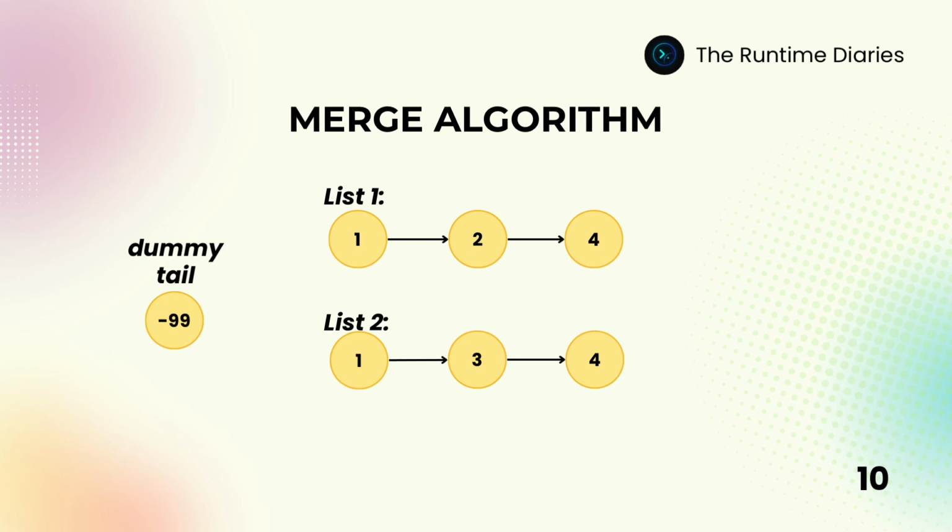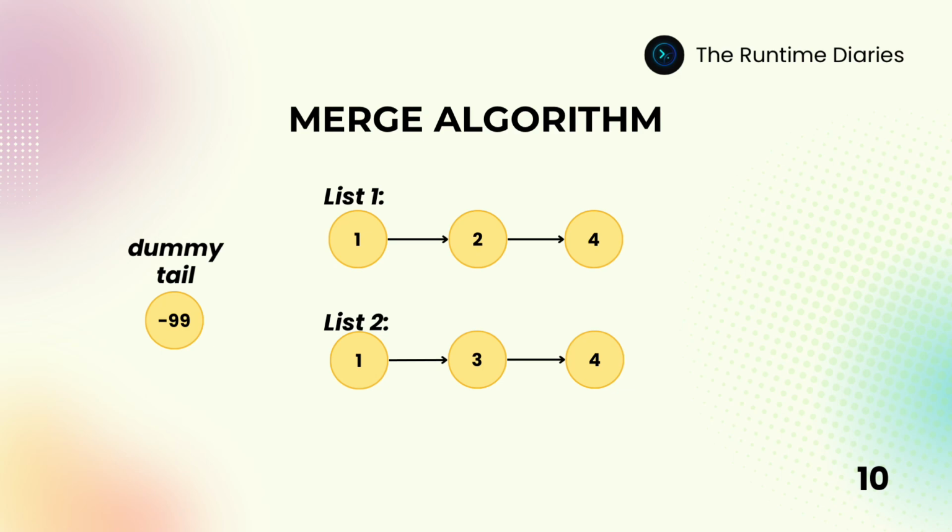Let me walk through the merge algorithm step by step. Start with a dummy node and a tail pointer. The tail pointer tracks the last node in the merged list so far. Initially, tail points to the dummy. While both list 1 and list 2 are non-empty, do the following. Compare list1.val and list2.val.